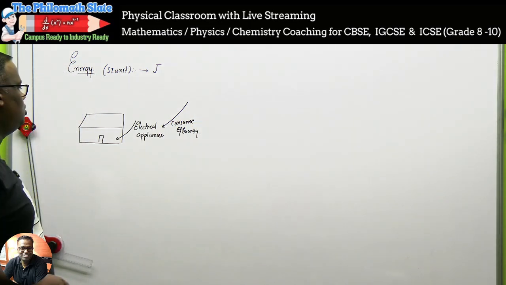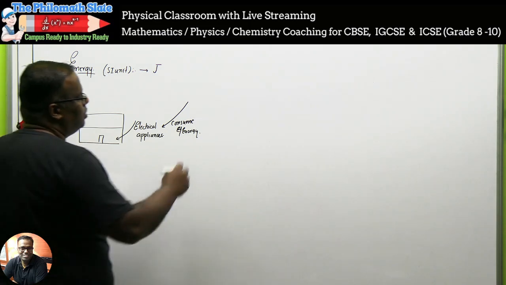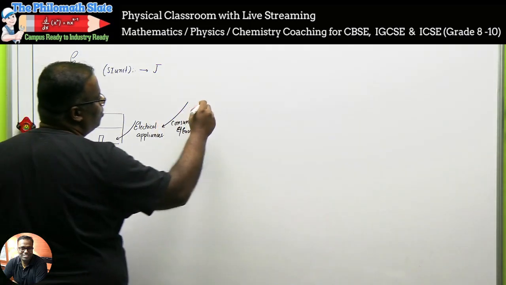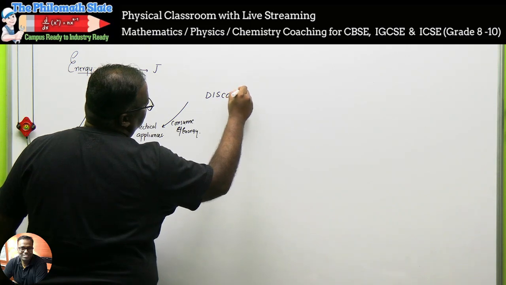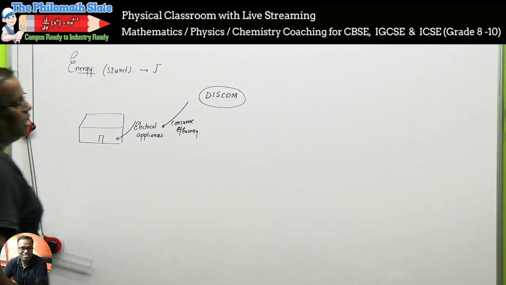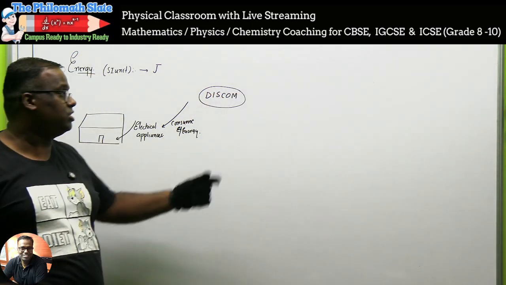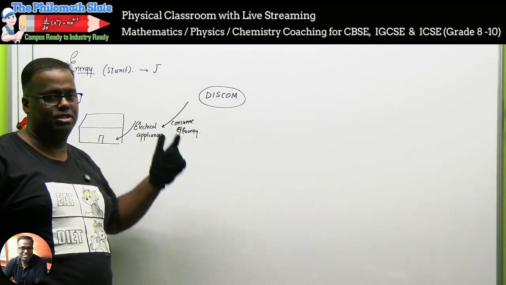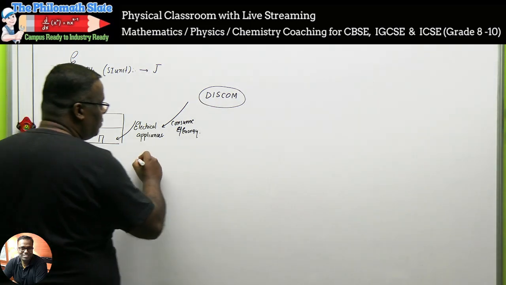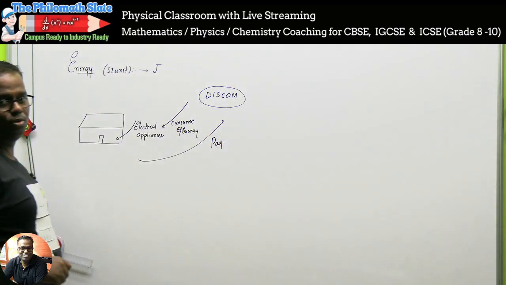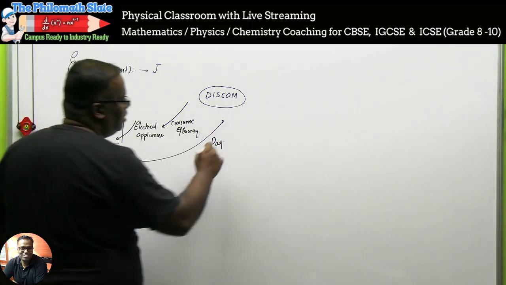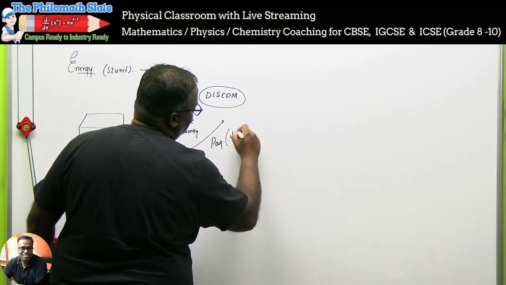Now, this electricity is coming to your house from a body we call DISCOM, the distribution company. In our case, like the Telangana Electrical Distribution Company, they are distributing to us. So obviously you have to pay also. Yes or no?